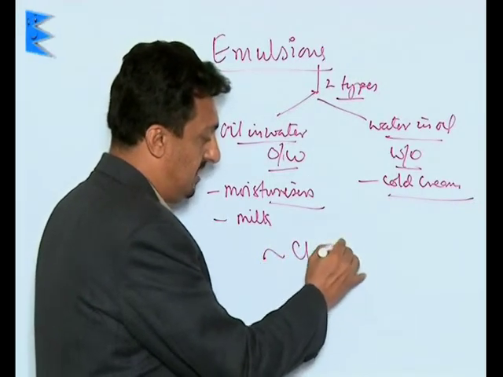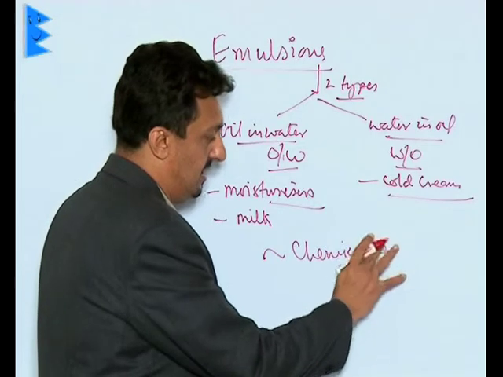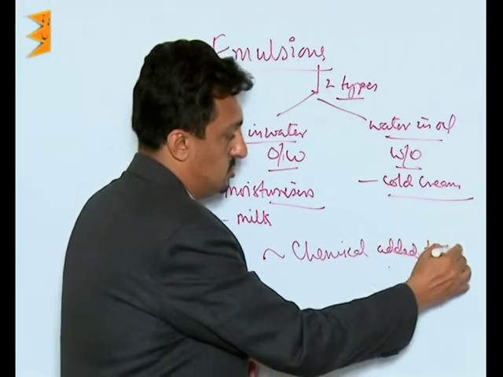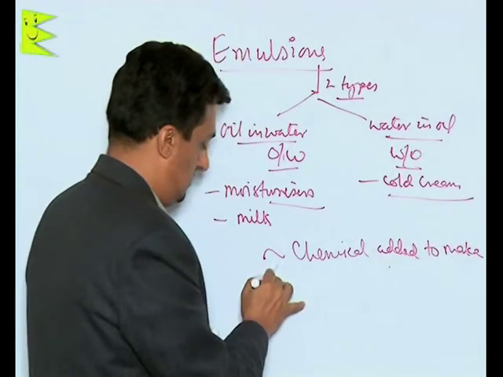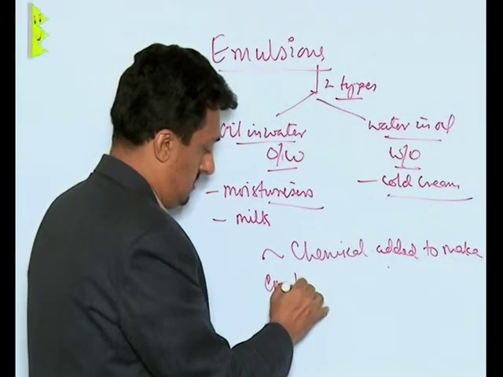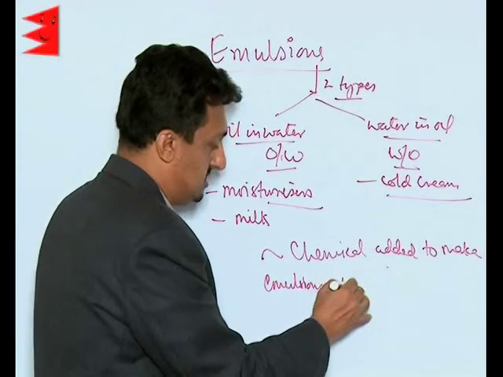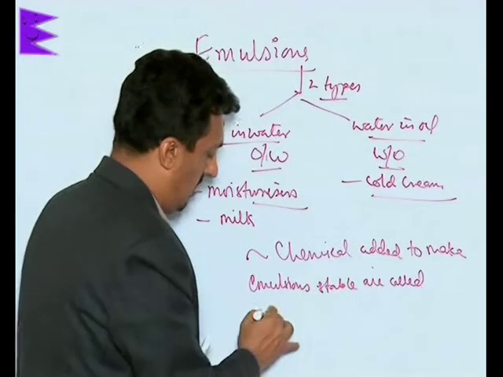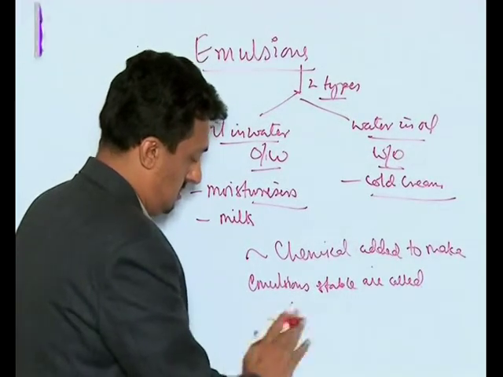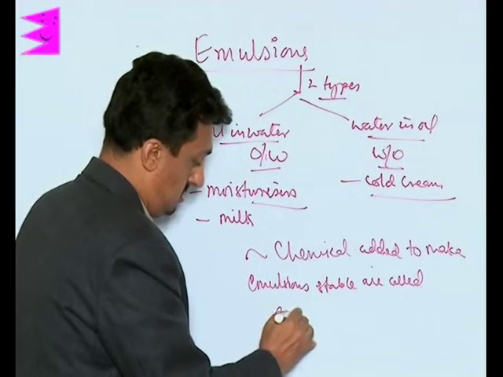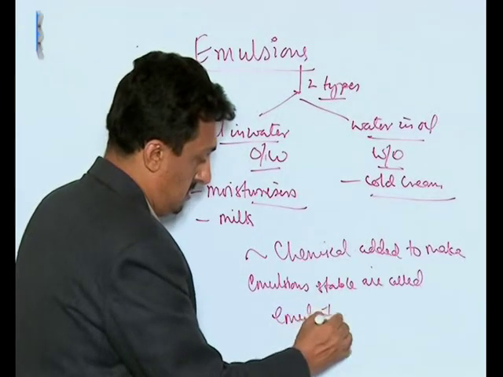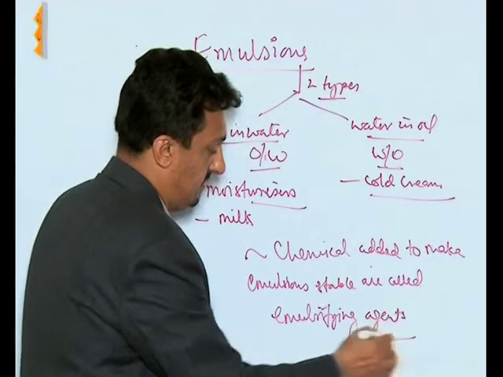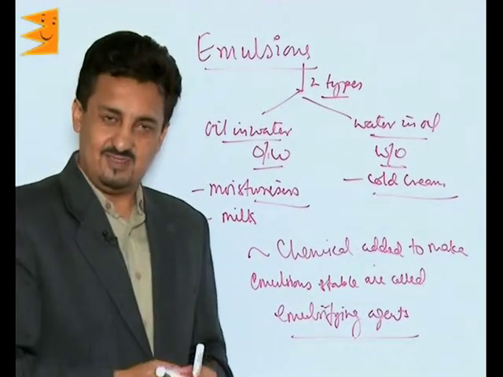The chemicals added to make emulsions stable are called emulsifying agents.